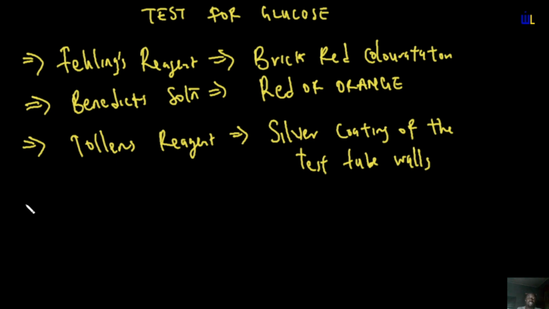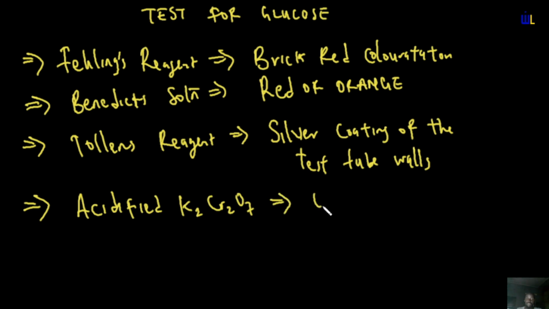Now, the other oxidizing agent that is used, even though this is not necessarily the best of confirmatory tests, is acidified potassium dichromate, that's heptaoxodichromate 6. Once you do that, the color changes from orange to green.